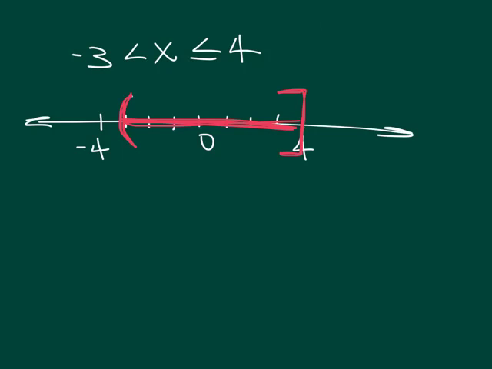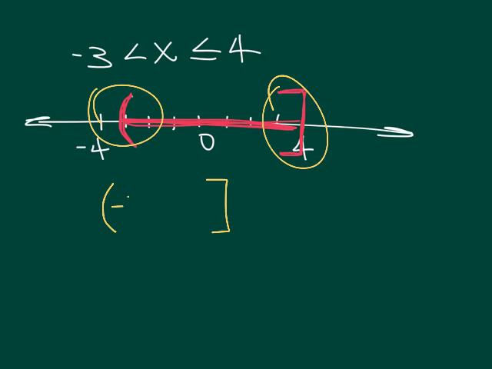If you were to write this in interval notation, you would do it this way. The curve and the box, which represents these two, you're going to put a negative 3 on that side of the curve and a 4 on that side. And you've just shown me, using just two numbers and two symbols, what my x values can be.